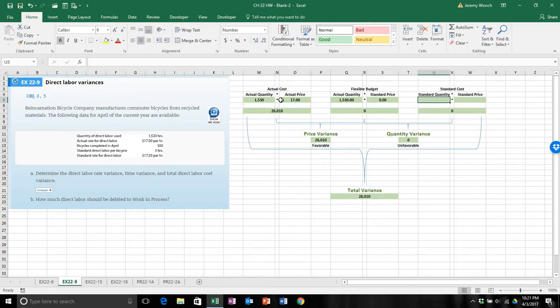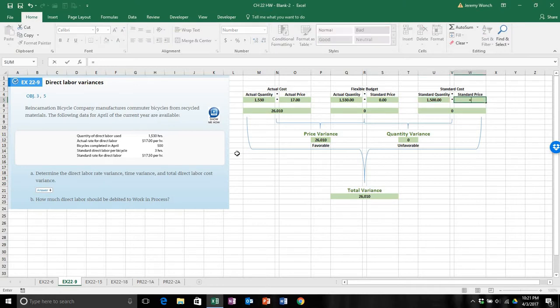For the standard quantity, so we want total hours used, it says that it's 3 hours per bike, and we planned on doing 500 bikes, so 500 times 3. So we planned on 1,500 hours.